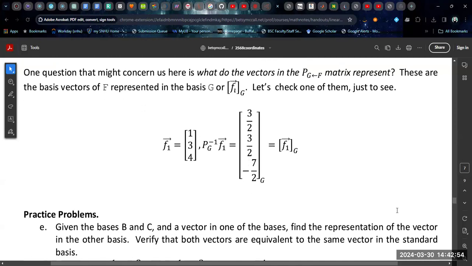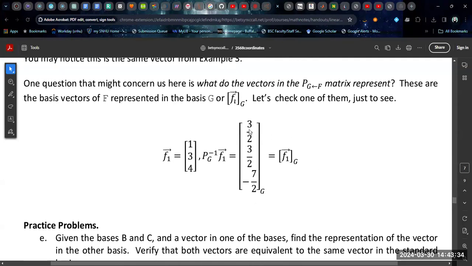Now, one question that might concern us is: what do the vectors in the matrix that converts from F to G represent? Well, if we think about F1 as my 1, 3, 4 vector, that's my first component vector. If I multiply PG inverse by that vector, what I'm essentially doing with this matrix is converting each of the basis vectors into a representation in the G basis.